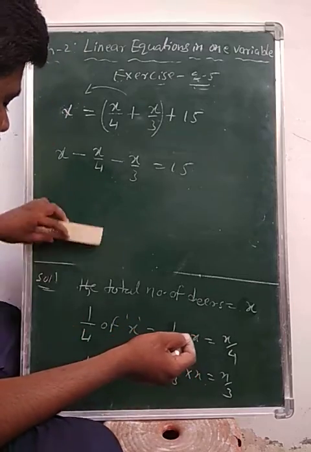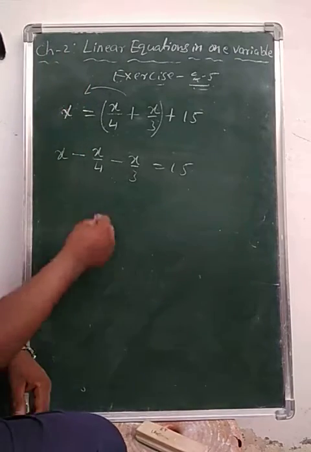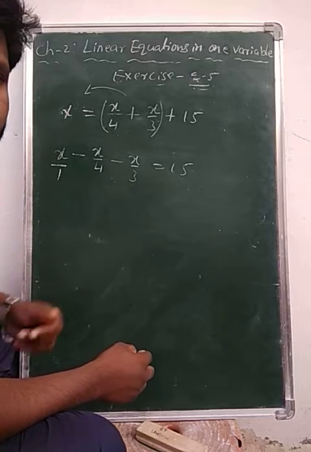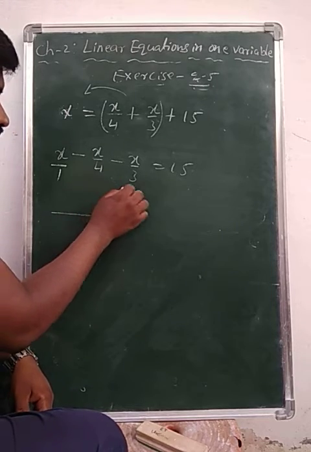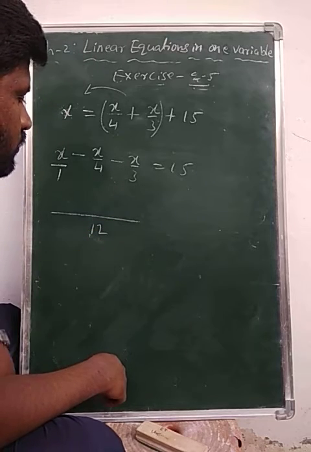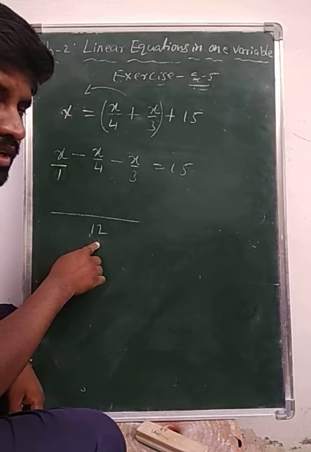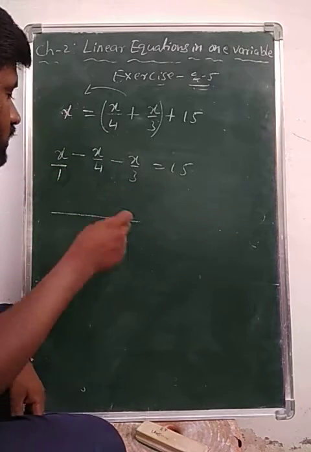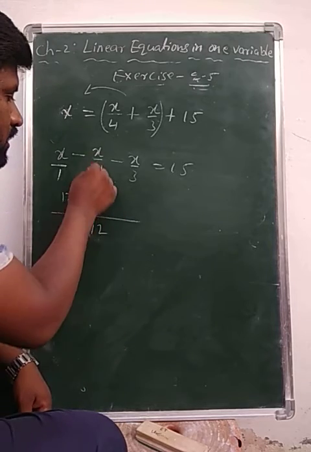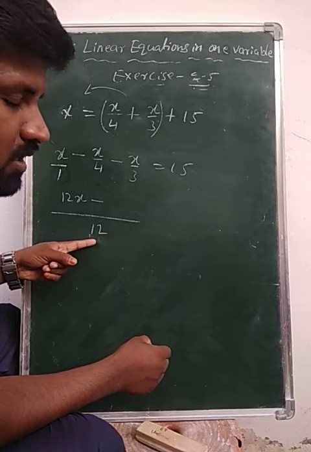Okay, now by taking the LCM of 1, 4 and 3, okay, what is the LCM? That is 12. The LCM of 4 and 3 is 12. The denominator 1, how many times in the 12? That is 12 times. That's why 12 into x, that is 12x, minus the denominator 4, how many times in that 12?